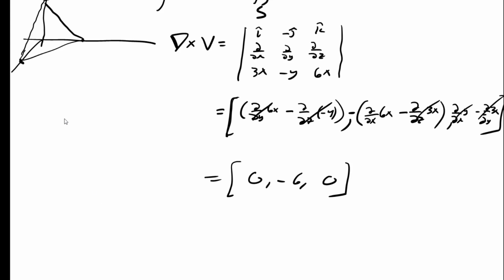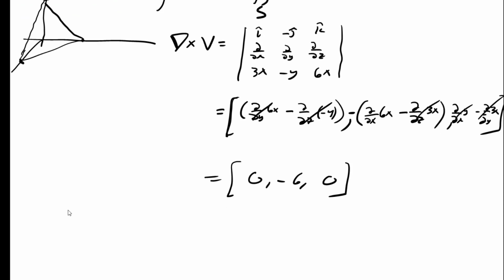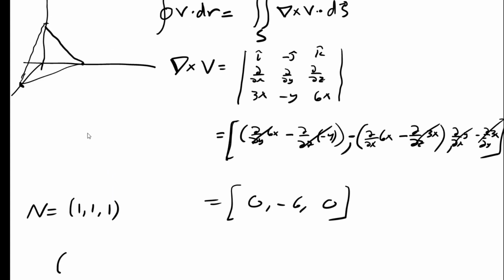I can write the equation for this plane rather quickly. I'm going to do this to save some time, but I know that the normal is going to be 1, 1, 1, because all of these points are evenly spaced out, and it'd be the same as if it just went through 1, 1, 1.